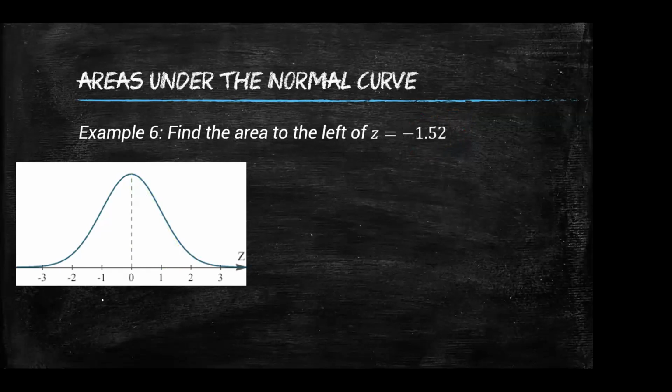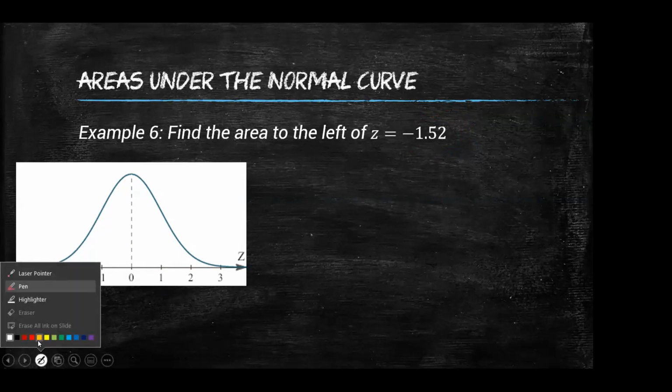Okay. Dito naman is example number 6. Find the area to the left of Z, which is negative 1.52. Okay. Before that, we need to illustrate first our given.